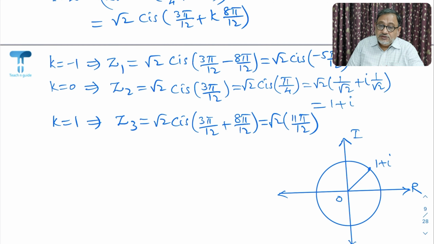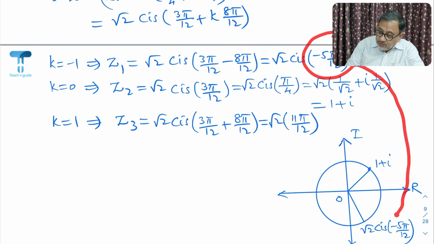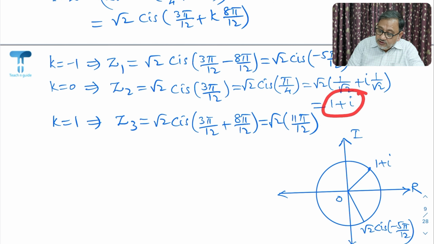Then minus 5 pi by 12 will be in the fourth quadrant somewhere here, so root 2 cis minus 5 pi by 12, okay. So this one has been taken here, this one is taken here, and the third one will come somewhere here because they are equally spaced.